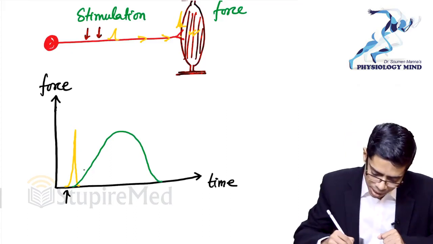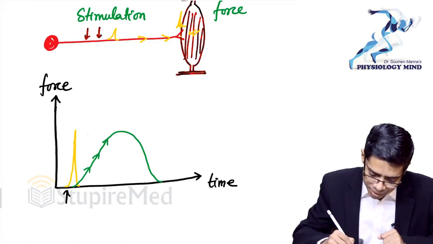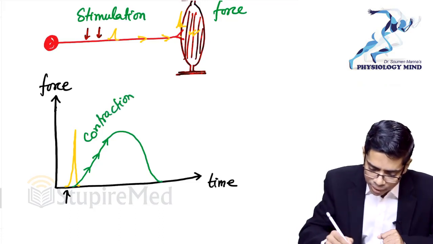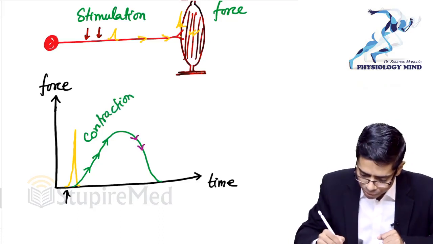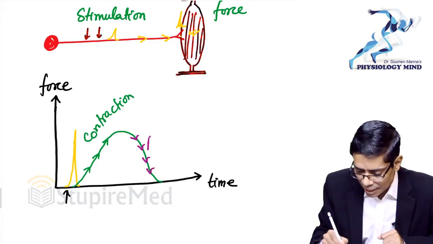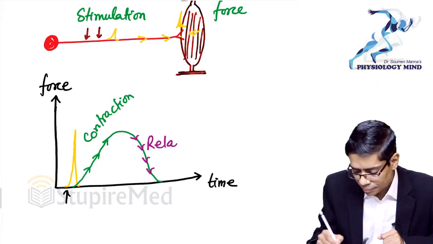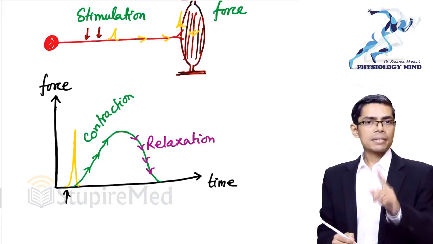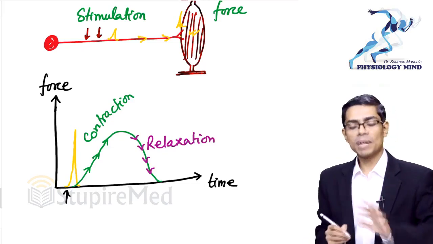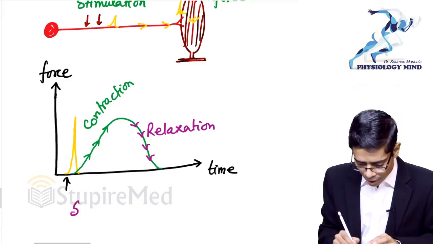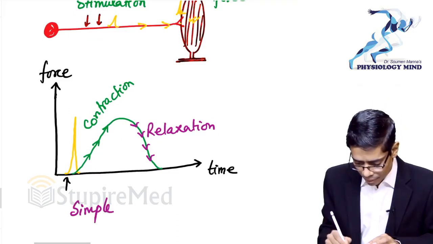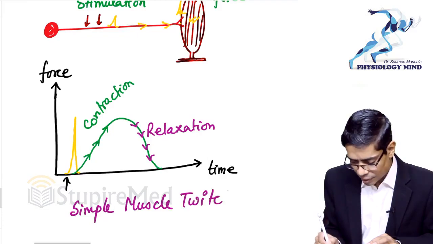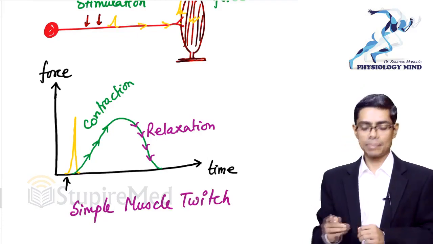This upward portion is the contraction and this downward portion is the relaxation. Now this single contraction followed by relaxation is known as a simple muscle twitch, SMT.